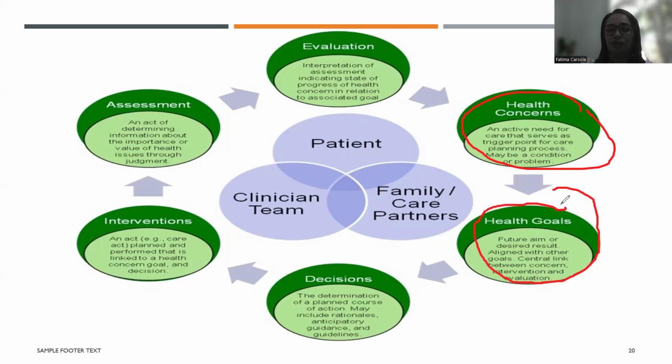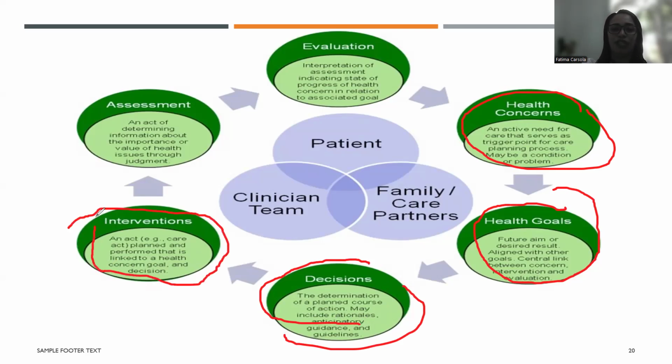You will have to plan for the future result, aligned with other goals, and then you have to decide. You have to include your reasons or rationale why you will be doing this, and you have to intervene. Okay, this is when we try to act for the patient, and then reassess the patient.